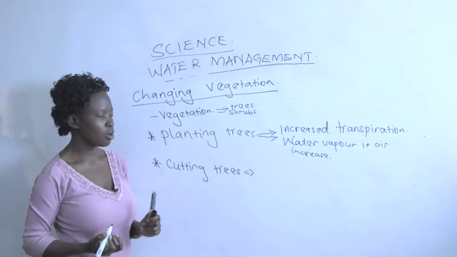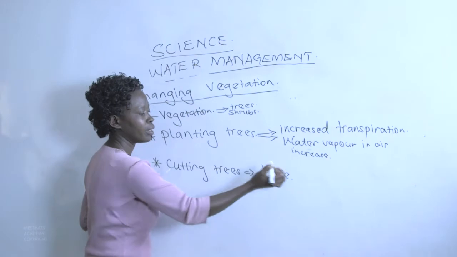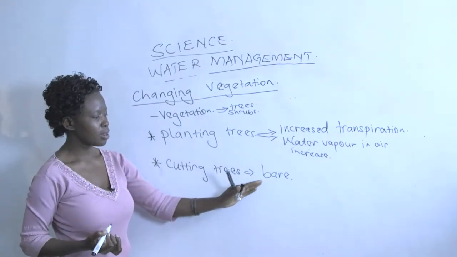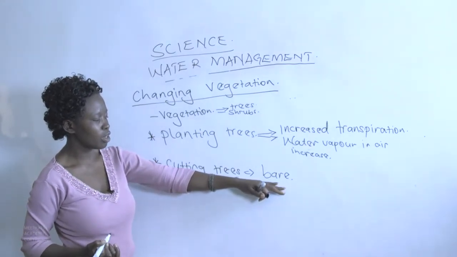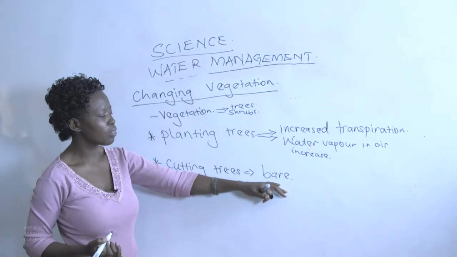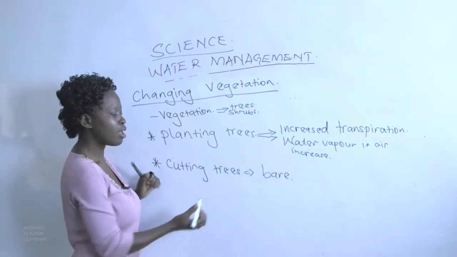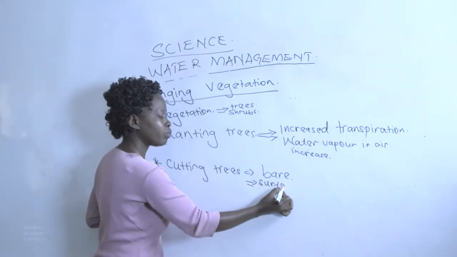Trees have been cut down, so it means the land has been left bare. There is nothing to hold the soil. At the same time, there is nothing that will prevent the waters that are moving on the surface. There is nothing that will hold the water on the surface so that the percolation process takes place. So what happens is there is a lot of surface runoff.